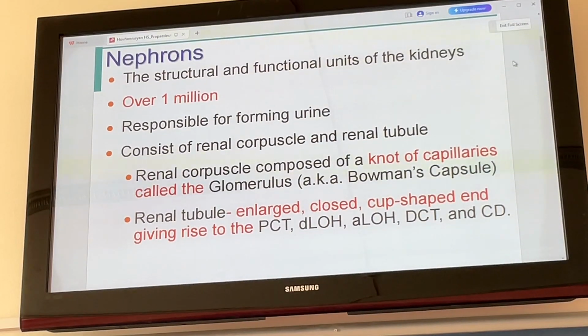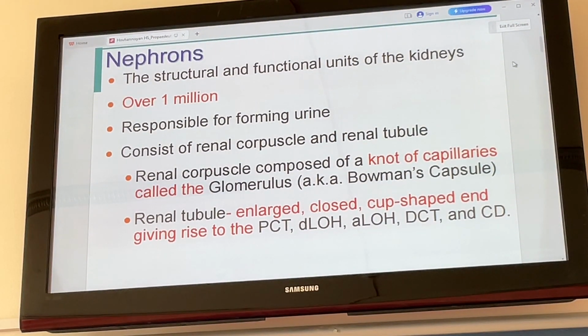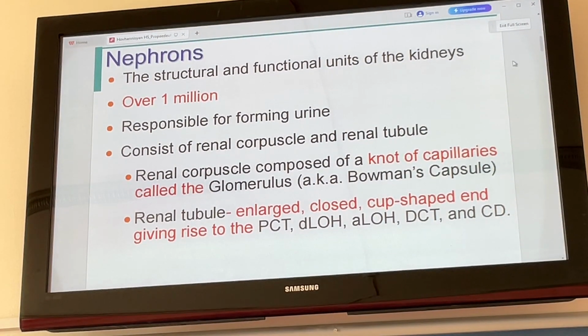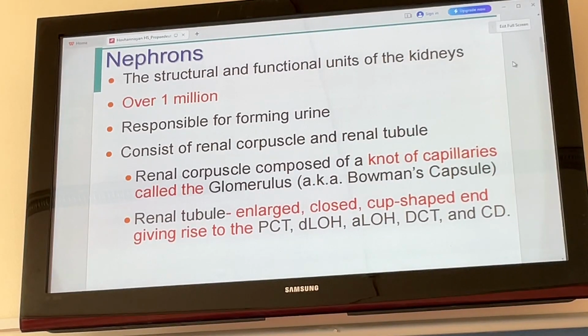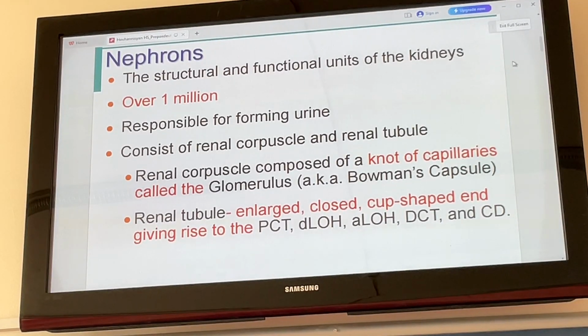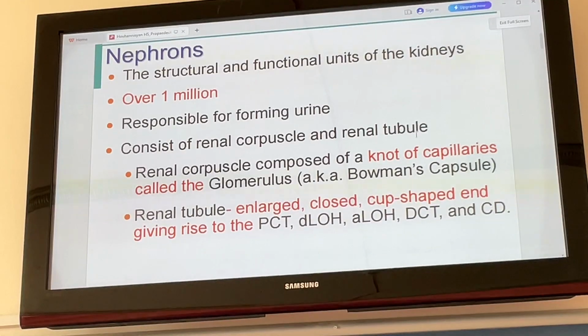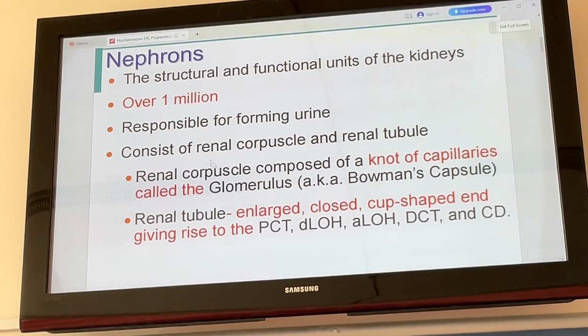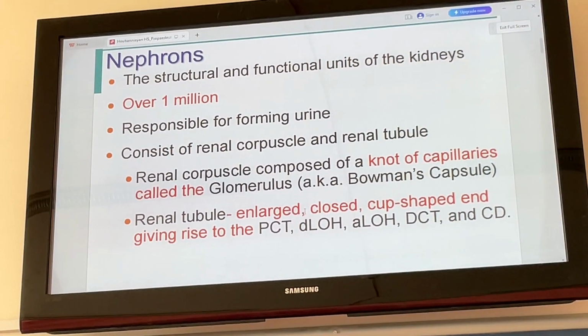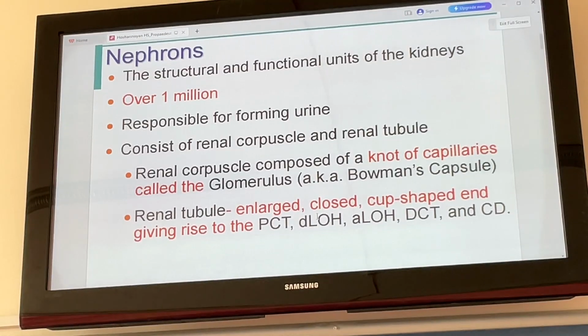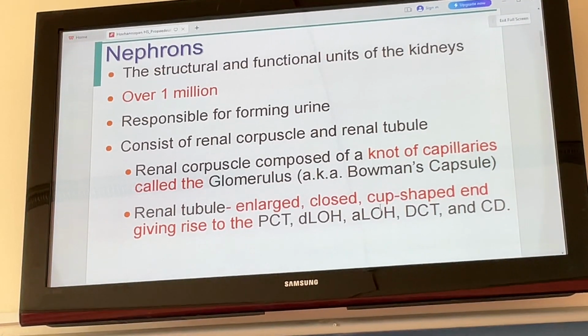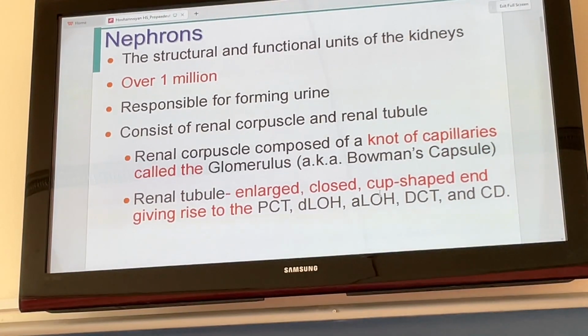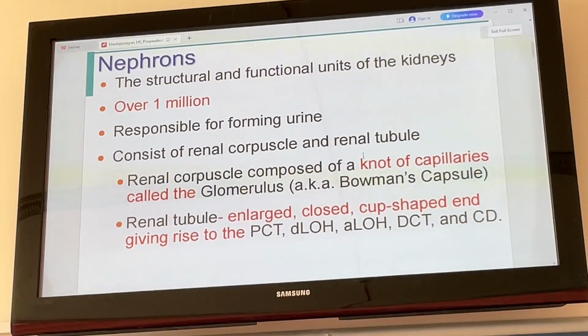A nephron consists of vas afferens and vas efferens, covered by Bowman's capsule. It also consists of the renal corpuscle, a tuft of capillaries called the glomerulus, and the renal tubule. Already we have the proximal tubule, the loop of Henle, the distal convoluted tubules, and so on.